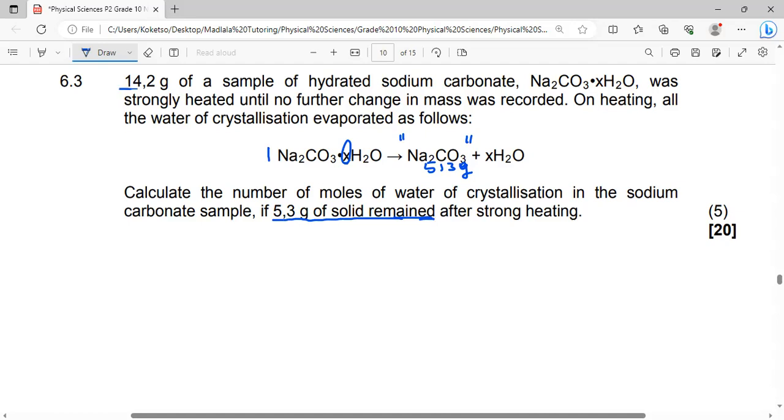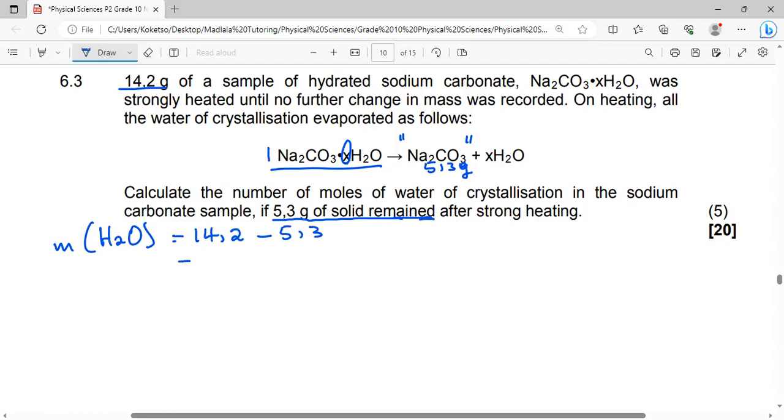this 14.2, we understand it's the mass of the entire sample. And the mass of this entire sample is composed of the mass of sodium carbonate added to the mass of water. So what is the meaning? It means the mass of water will just be 14.2 grams minus 5.3 grams, like that.